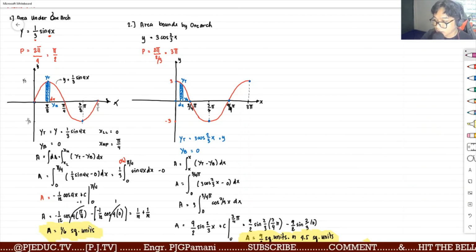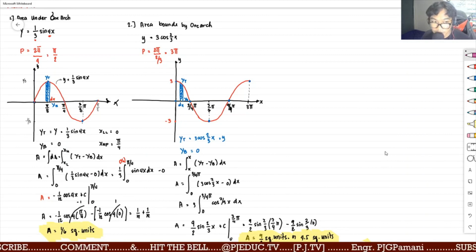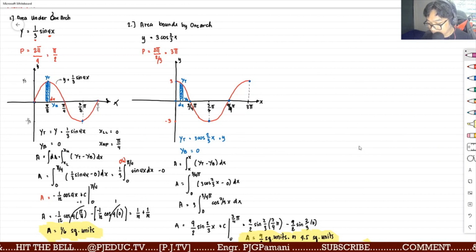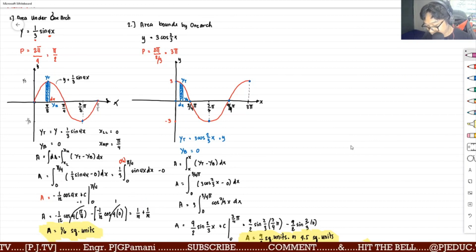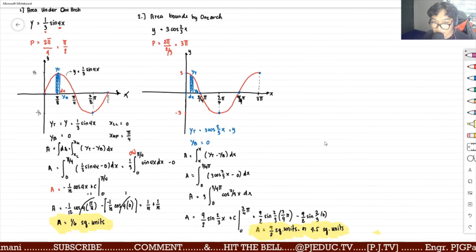So that is some of the examples involving plane areas, algebraic, and trigonometric curves. Area bounded by a specific parabolic, then line. Uy, pwede rin ang area bounded pag line lang ang pinag-uusapan.